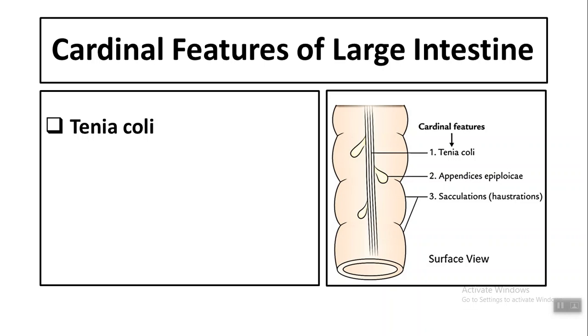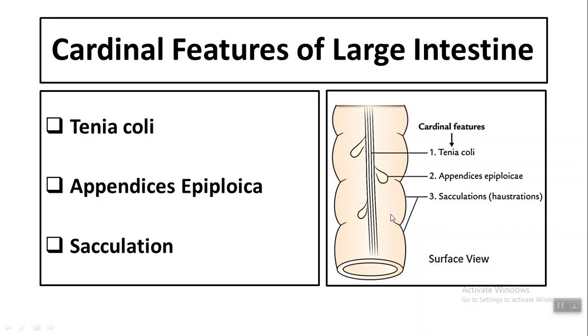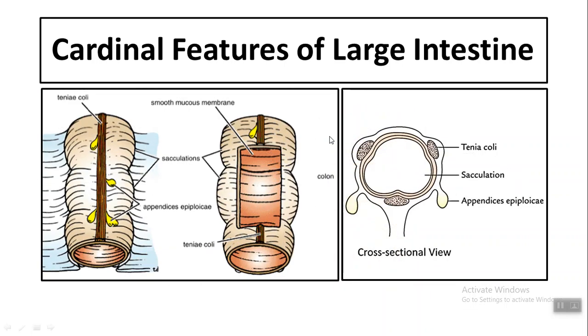This is one of the cardinal features of the large intestine. Second is the presence of what we call the appendices epiploicae, or the fatty tags. And the other feature is the presence of sacculation or the haustration. These are the cardinal features of the large intestine.